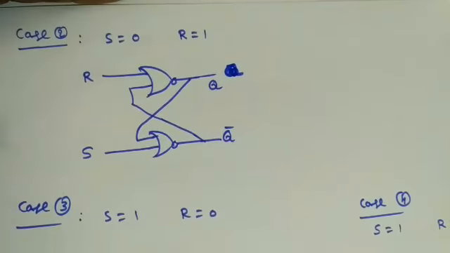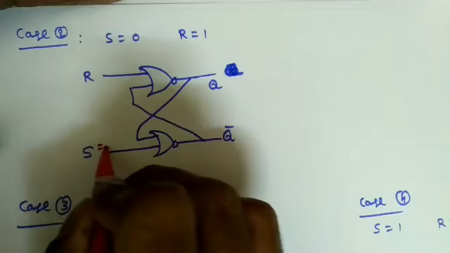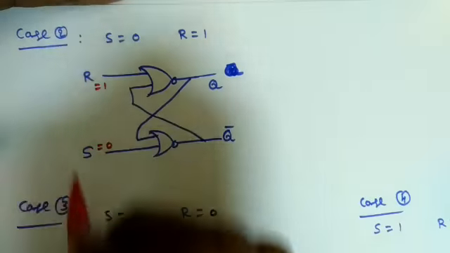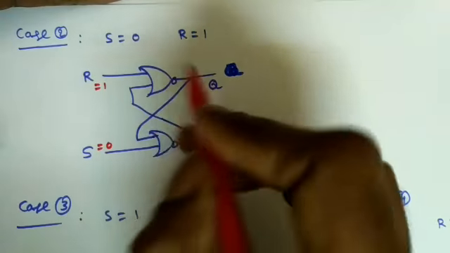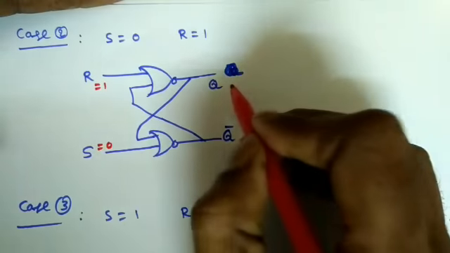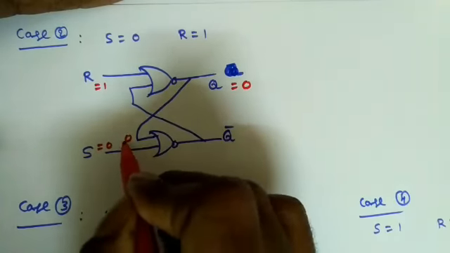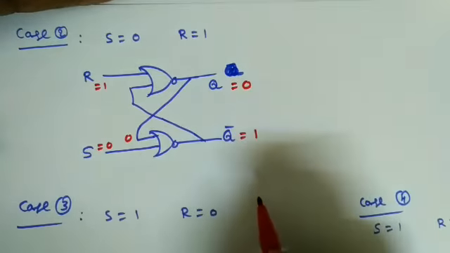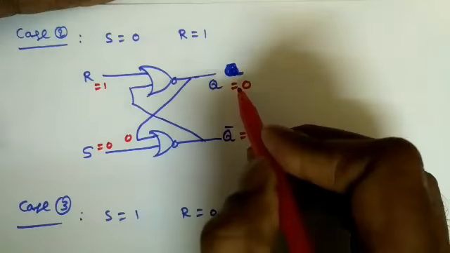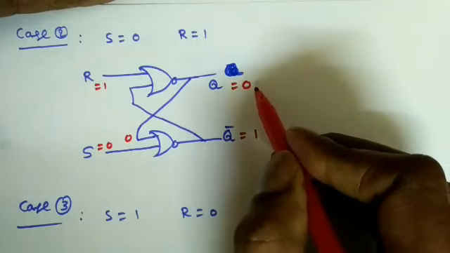Next we will see the second condition, when S is equal to 0, R is equal to 1. Now when S is equal to 0 here and R is equal to 1, the moment one of the inputs of the NOR gate is 1, I can comment on the output. So 1 plus anything, 1 only. So 1 bar, what I will get? 0. So 0 is coming back here and making 0 plus 0 whole bar. So 0 bar means 1. So what is this meaning? When S is equal to 0, we are getting Q equal to 0, or we can say when R is equal to 1, we are getting Q equal to 0.